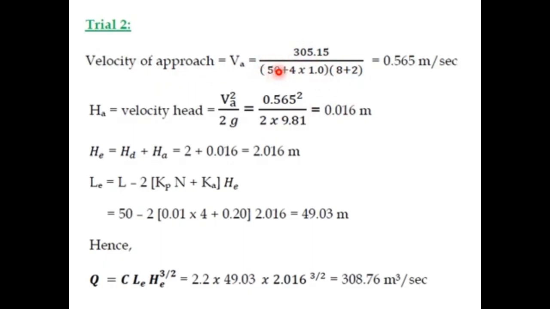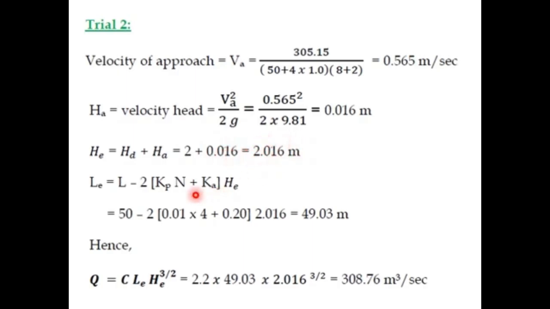The clear length is 50 plus 4 piers of 1 meter, so the total length into the depth. 8 is the height of the spillway and 2 meters is the height of the water, so we get the area, and the velocity head is 0.016, which is very small. It is no harm if we take H equal to 2 meters, but since we already calculated it, we can add HA, that is 0.016, to this and get 2.016 meters.